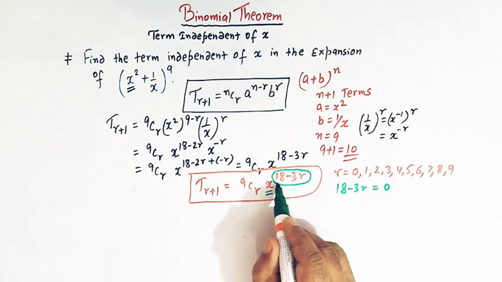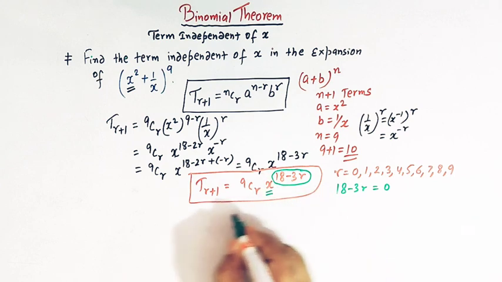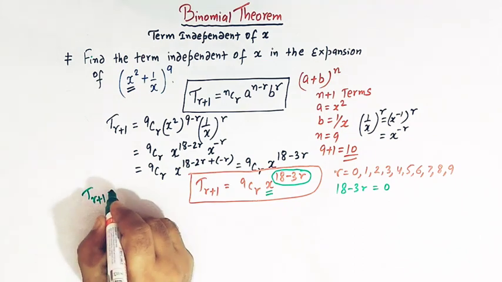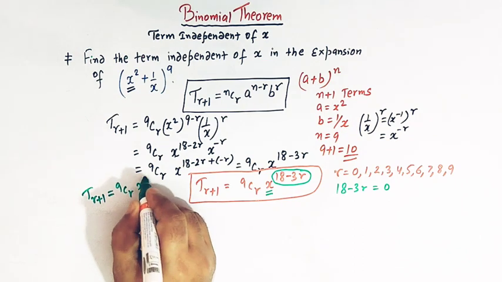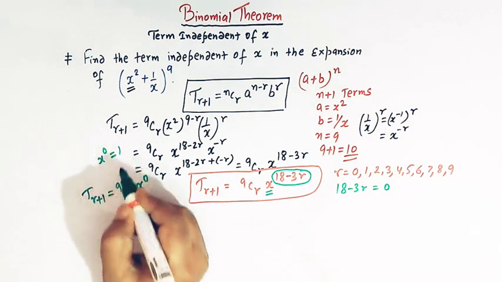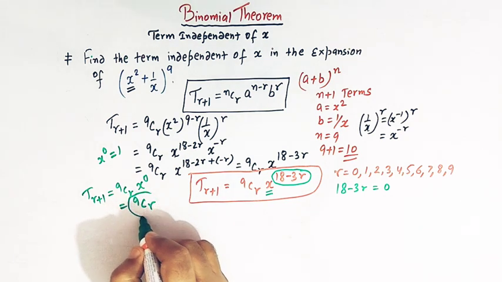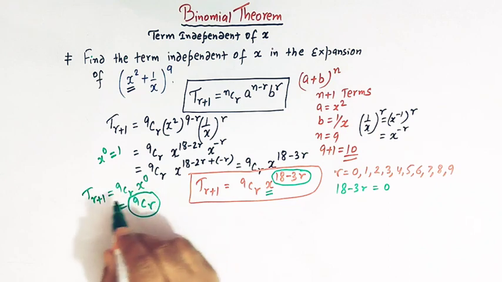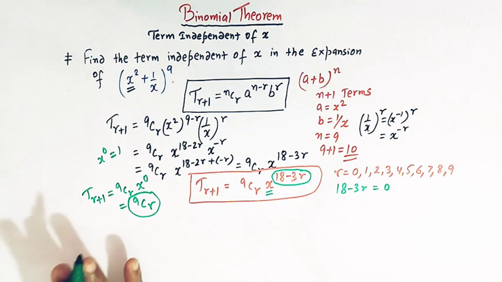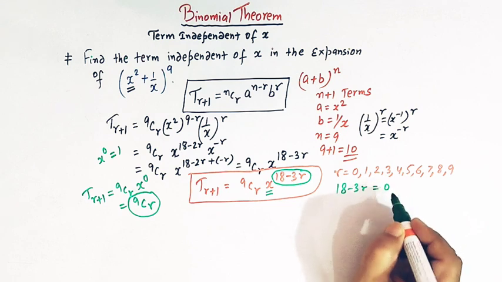Because when this power is 0, we get the general term as T(r+1) = 9Cr x⁰, and x⁰ is simply 1, so we have simply 9Cr. This is a pure number, and the general term is independent of x. So 18 − 3r should be equated to 0.